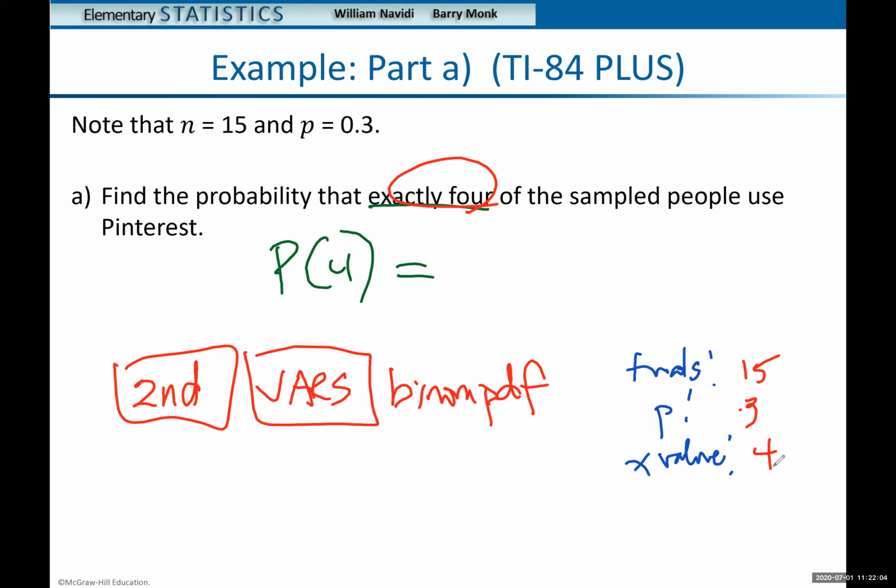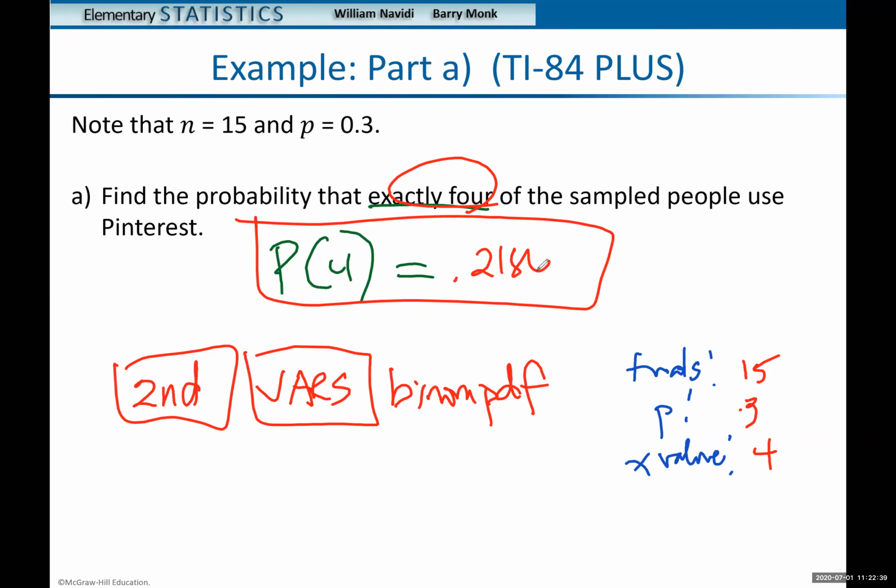Second vars, binom PDF, and then enter these numbers: 15, probability is 0.3, x value is 4, and you'll be able to get the answer, the probability. Yeah, 0.186, that's correct.